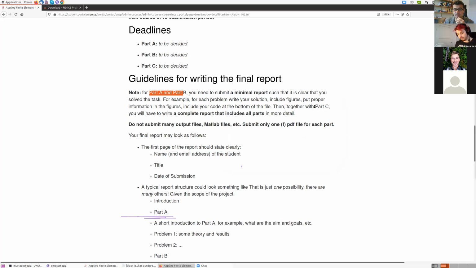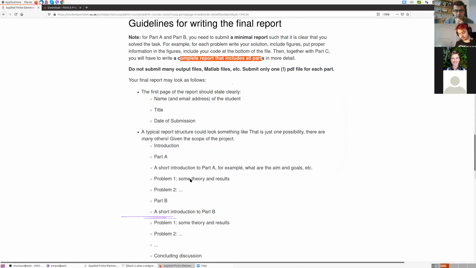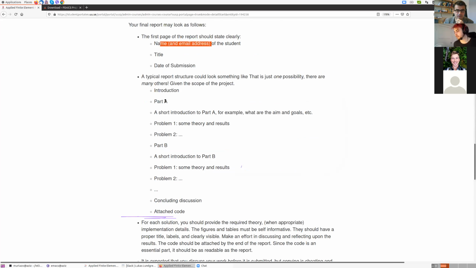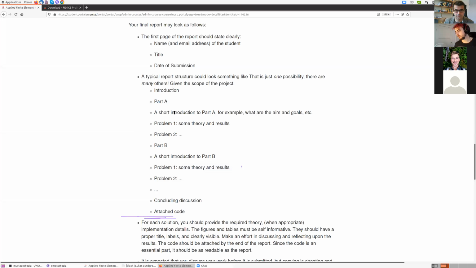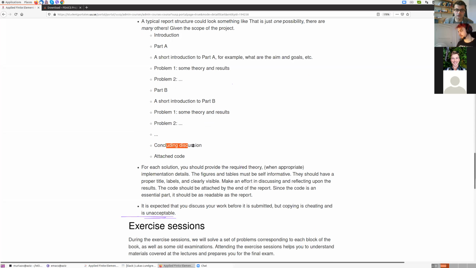Then together with the last part, you have to write a complete report. So the report must follow this guideline, this shape. There is a name, title, date of submission, introduction, what you are going to solve, part A, the problem formulation, solution, part B, problem formulation, your solution, etc. Then you have to conclude it, and at the end of this report, you have to put all your code inside one PDF.